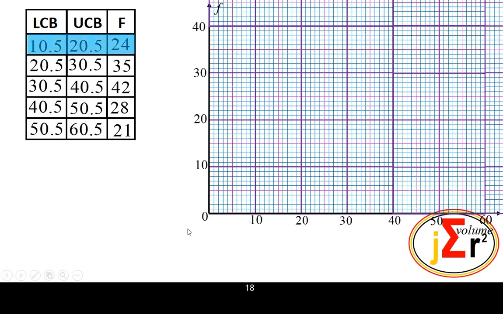So first of all, our first bar goes from 10.5 to 20.5, and its height is 24. So it should go up to 20, then 1, 2, 3, 4, since each little square is 1 unit.